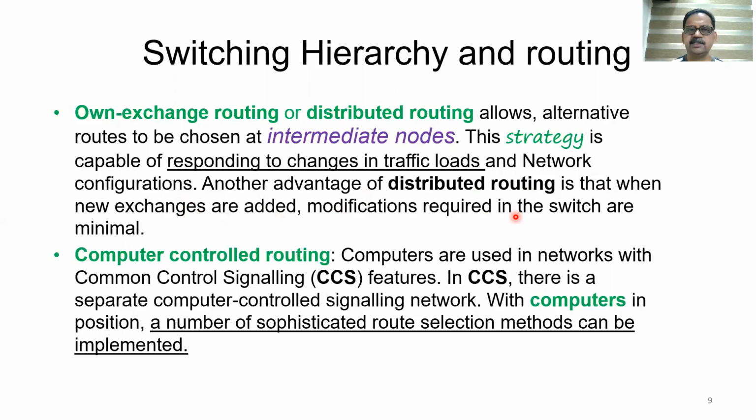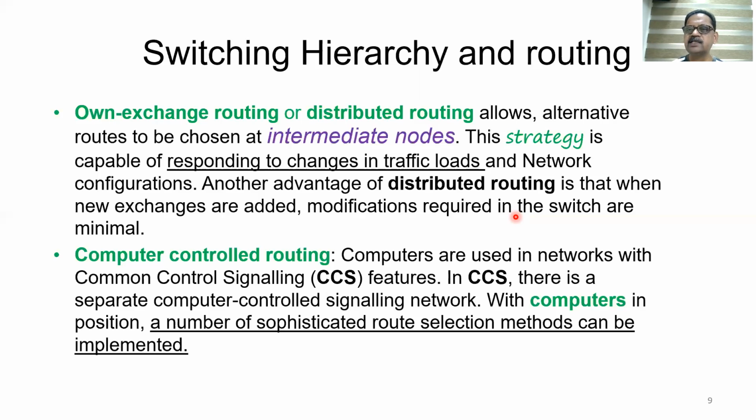So in one exchange routing, let us assume exchange A routes the traffic to B. B, the intermediate exchange, decides via which exchange the call is to be routed. In the earlier case, the originating exchange decided the path.